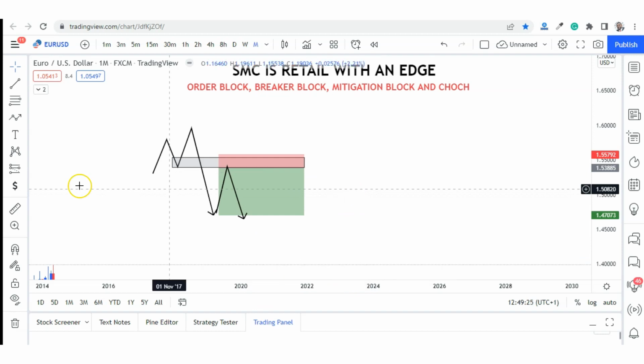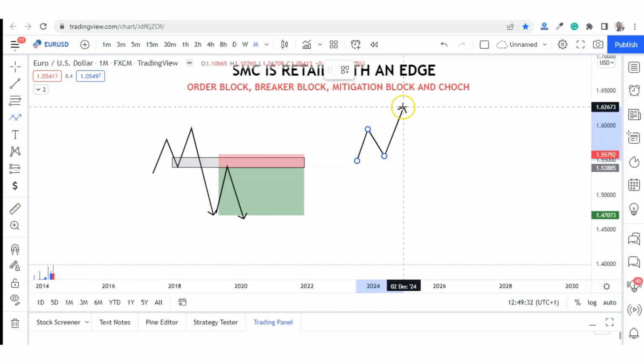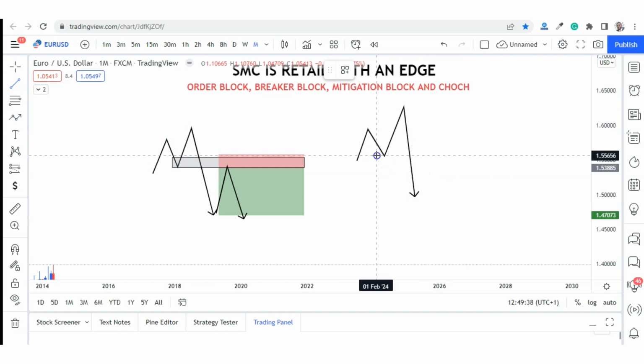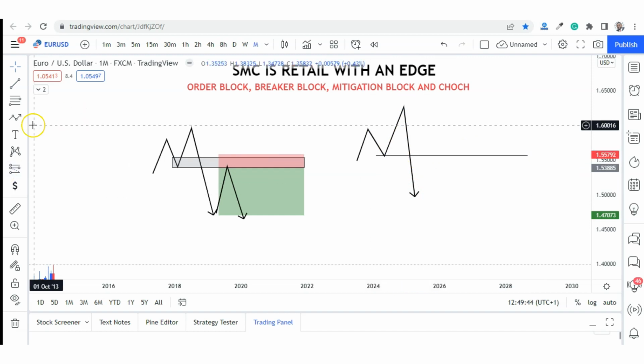Now, in a typical break and retest, this is what you have. You have an upward move, all of a sudden price breaks. The retail trader will wait for price to retest this line here. They call this support turned resistance.